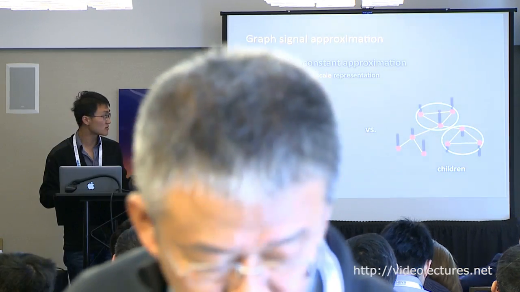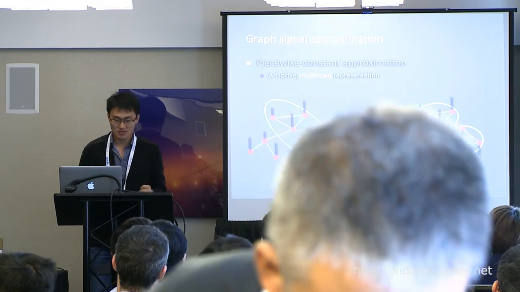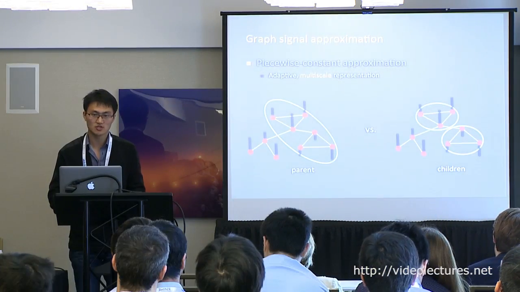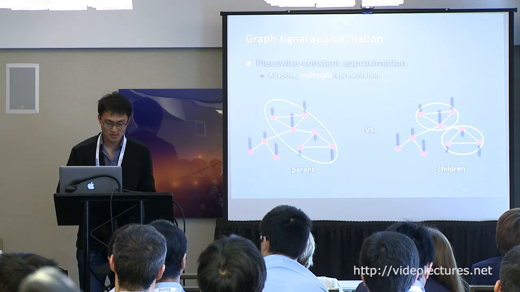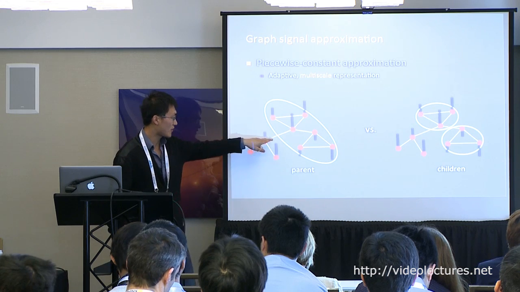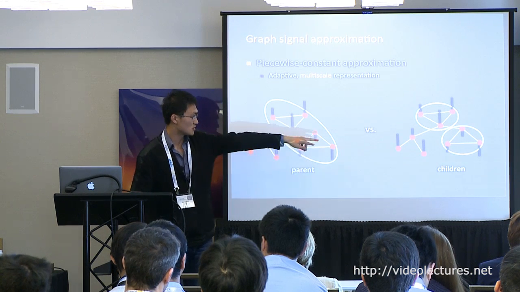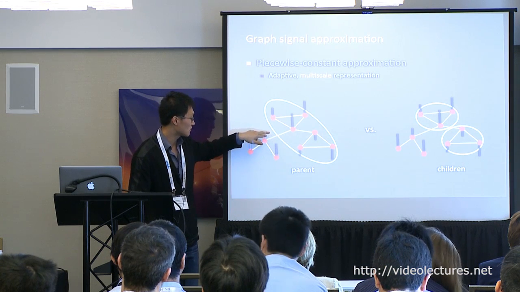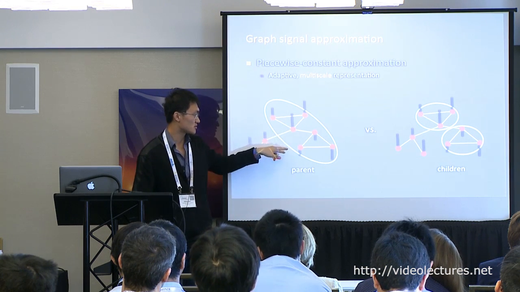So this method is actually very similar to the wavelet packet tuning used in the image compression standard JPEG 2000. Each time we compare a parent piece with its two children pieces. On the one hand, the parent piece gives a very concise representation.